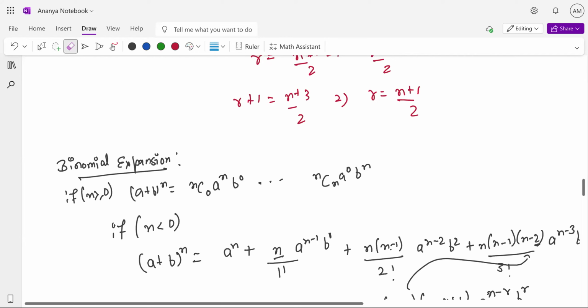Binomial isn't too much; it's basically the expression and all. It is used in another chapter. In other chapters, you don't have to use the properties. Mostly you'll be using nPr and nCr.